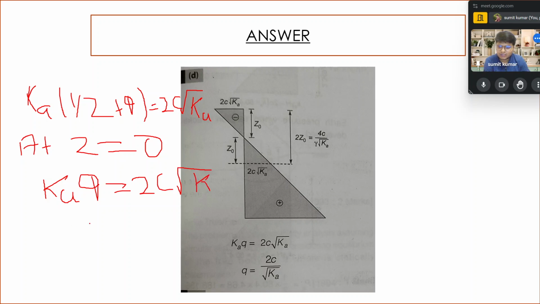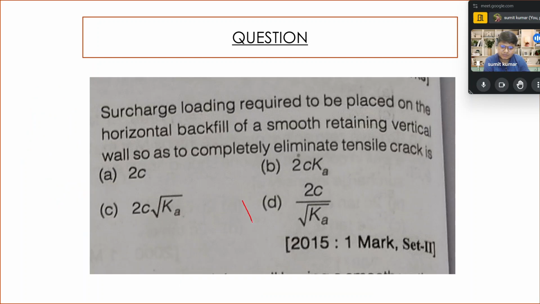When we calculate q, we get 2c upon root k. Option number D is the correct answer.